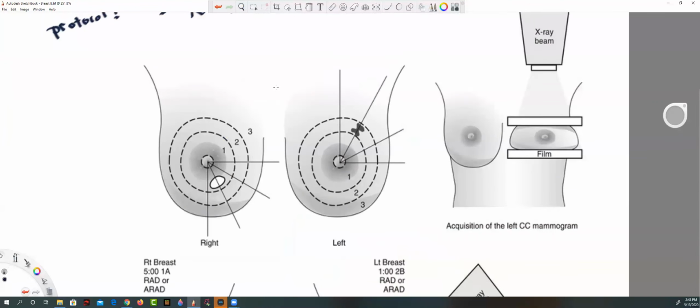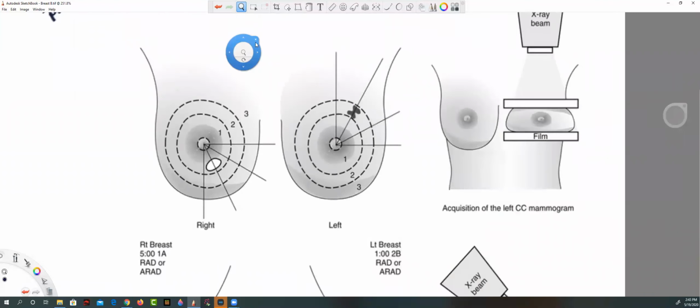So now we have another added complexity to how we could do this. And that's 1, 2, 3, A, B, C. Right here, we only have 1, 2, and 3. I'll show you A, B, and C in just a second. 1, 2, 3 is going to, and for that matter, A, B, and C, is going to change depending on the size of the breast.